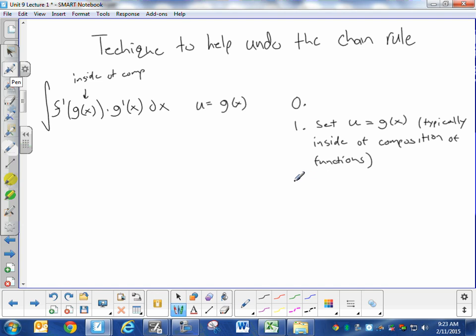Step 2 is you will take the derivative of u equals g of x with respect to x, which will give you something I'll show you in a second.